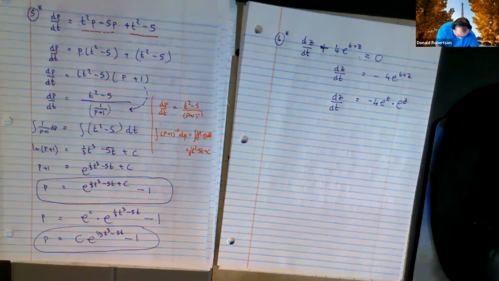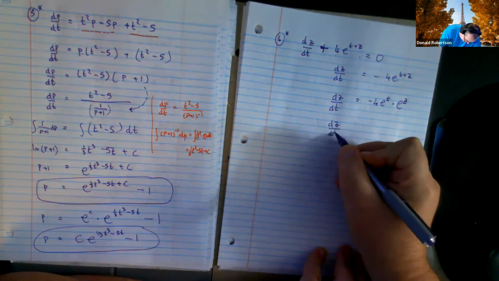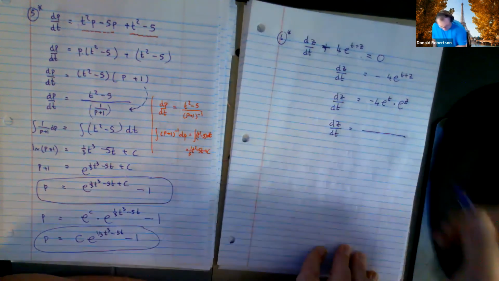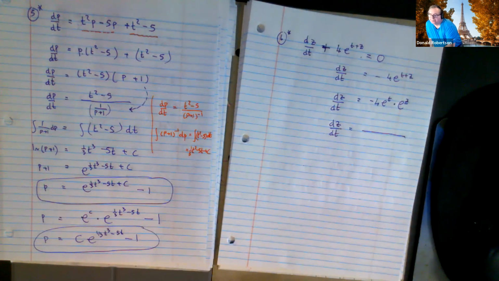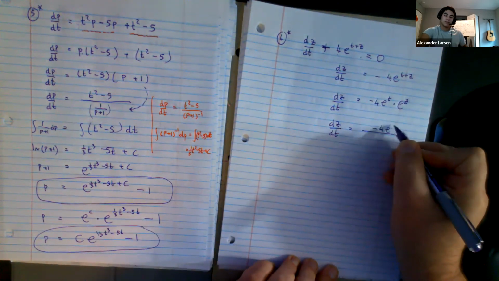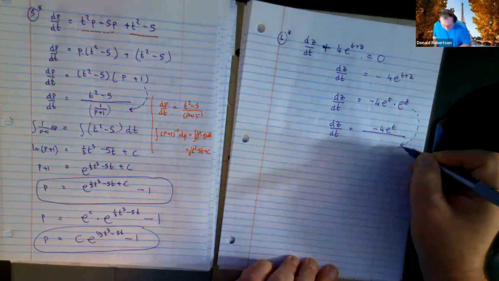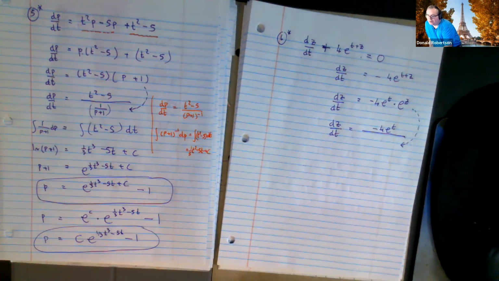Right. Now, this fella, I can now separate into a fraction. Who goes on the top? Negative 4e to the t. Now think about how the e to the z is going to look when you put it on the bottom.